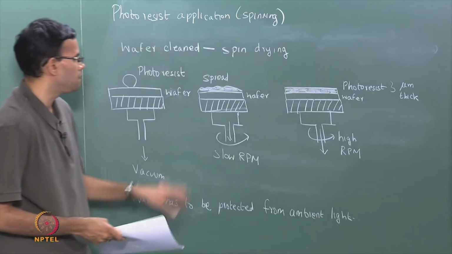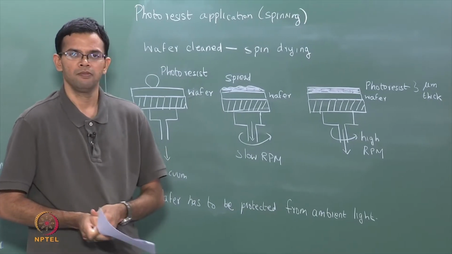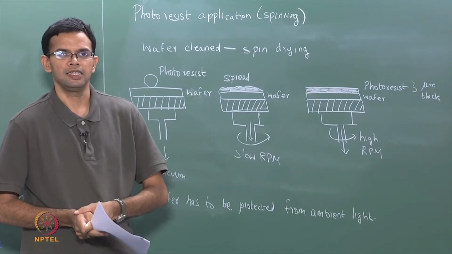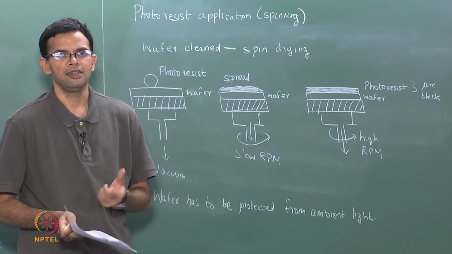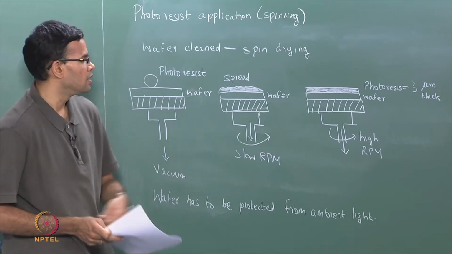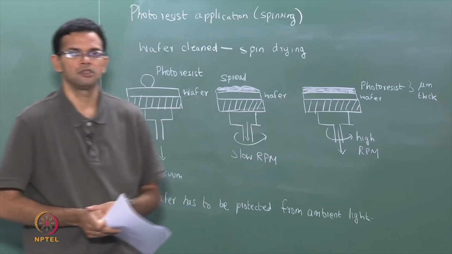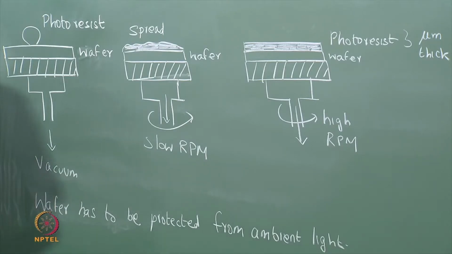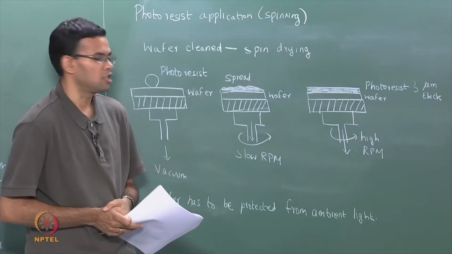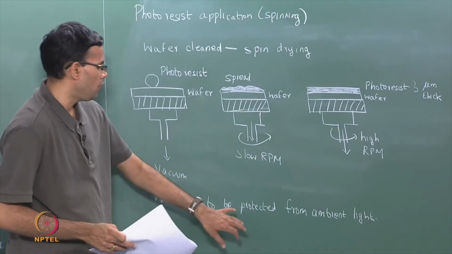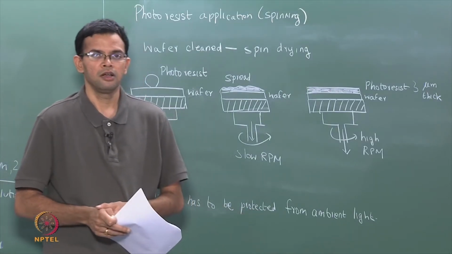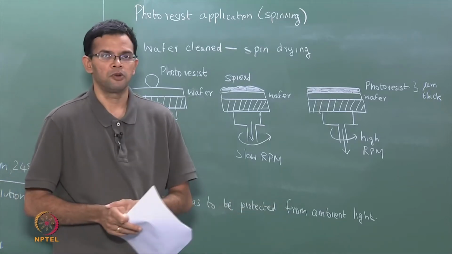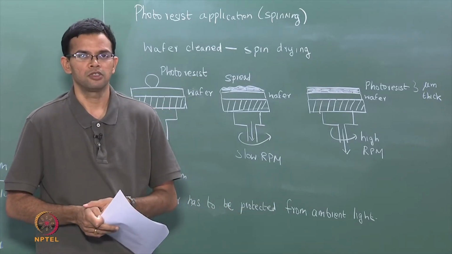So usually spin on and developing takes place under special lighting conditions, so that the light is chosen in such a way that the wavelength does not match with the wavelength at which the photoresist becomes active due to the interaction with light. So that way the wafers, or the photoresist, is protected before the exposure process.